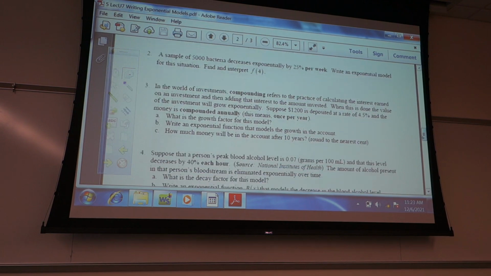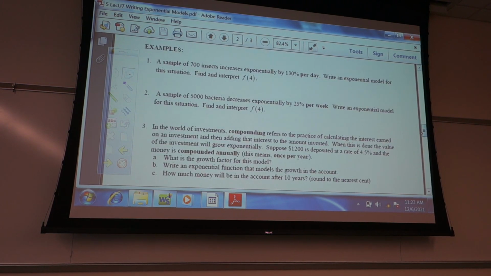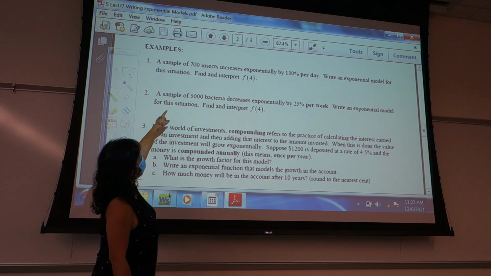Okay, so we'll do a couple of these. I will actually let you folks try the first two by yourselves, 1 and 2. Figure out what the exponential model is.